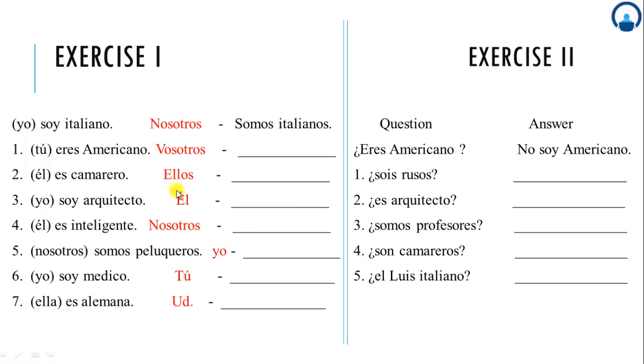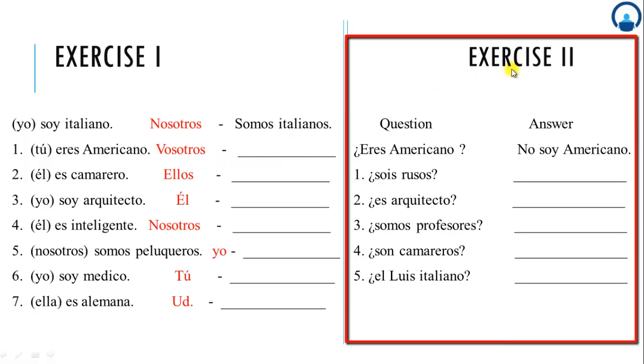In this manner, you have to solve the rest of them. Here you have been provided with the statements. In the red, there are subject pronouns according to which you have to answer. That was exercise 1.